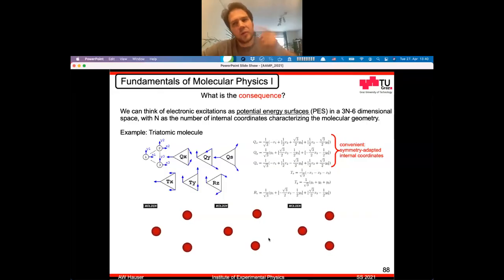I just have then to think about the possible coupling, and my nuclear wave function will be something that allows the molecule, so when the molecule is vibrating, to also change the electronic state. And so in some aspects, Professor Koch is studying these types of transitions between molecules where you excite them in some electronically excited state, and then you also have a certain vibrational excitation in a given state.